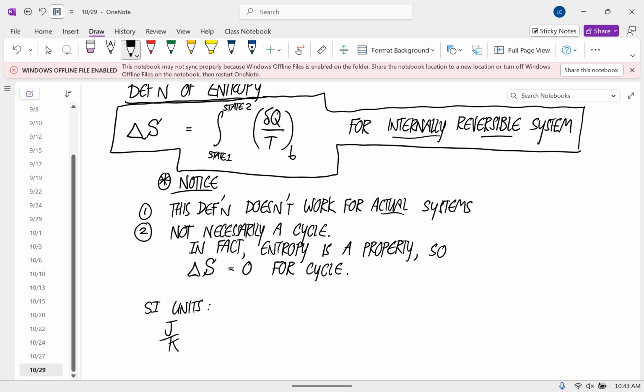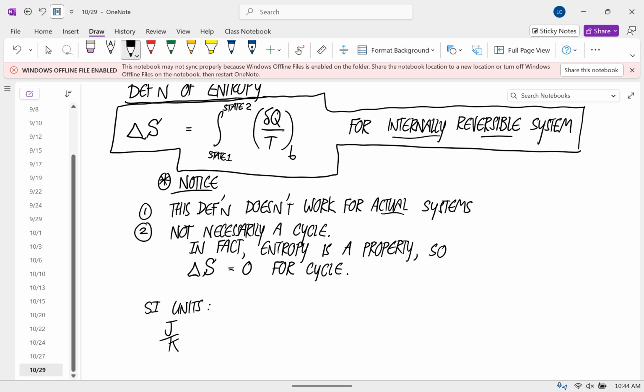So what does it mean? As opposed to just a difference in entropy? Okay. So we use it as a difference? So yeah, it's always in our equations going to be used as a difference.